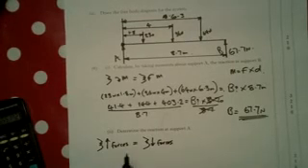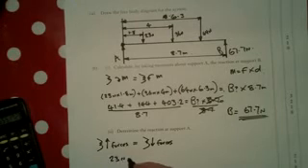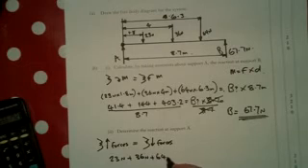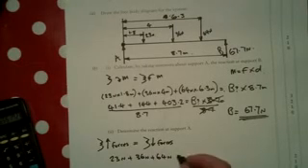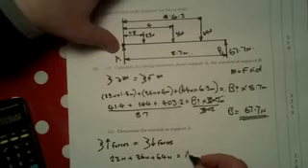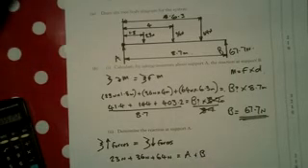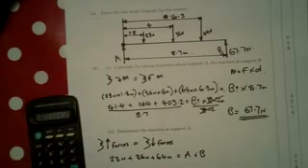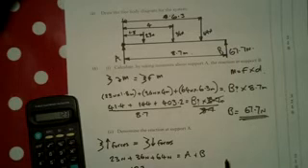So all we do is we add up all the forces. 23, 36, 64 newtons, and that is going to be equal to the sum of A and B. 23, 36, 64 is 123, and that's going to be equal to A plus B.